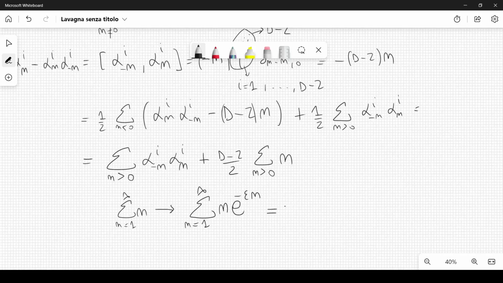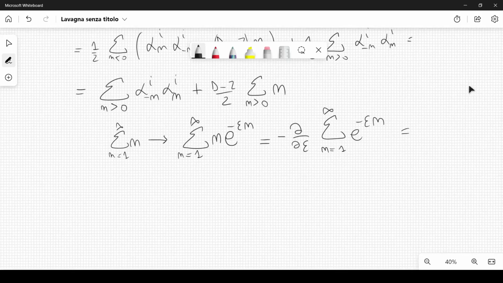In particular, I can rewrite it as minus the derivative with respect to epsilon, and here I have the summation over n equal to 1 all the way up to infinity of e to the minus epsilon n. So when I take the derivative with respect to epsilon, I get back this thing here, and this can be written as minus the derivative with respect to epsilon.